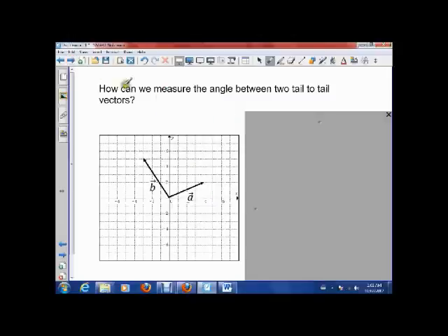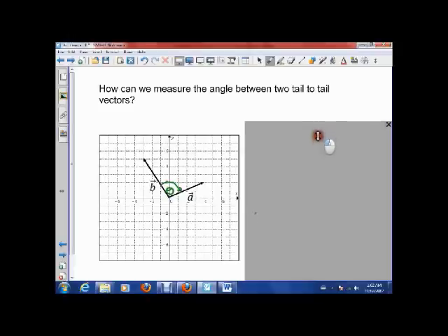So the reason why we have a dot product is because we wanted to figure out a way to measure the angle between two tail-to-tail vectors. We're going to call that theta. People came up with a formula and we called it the dot product. I'll go over how the formula is derived with you later; it's fairly simple using the cosine law.